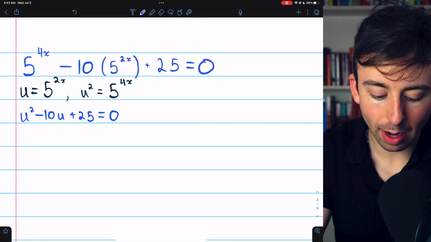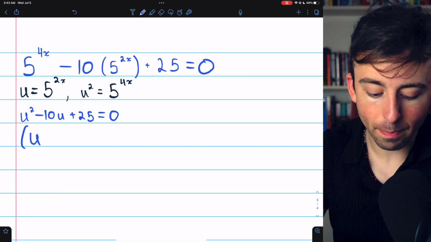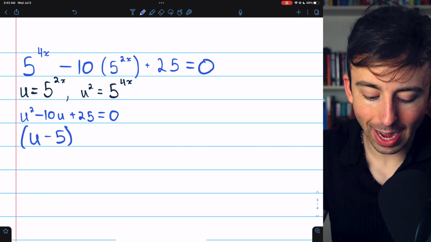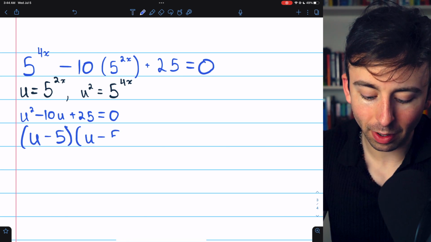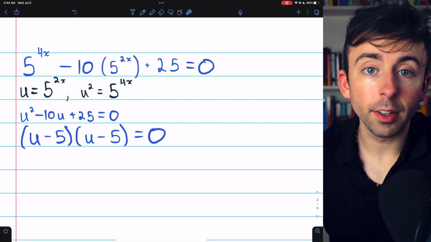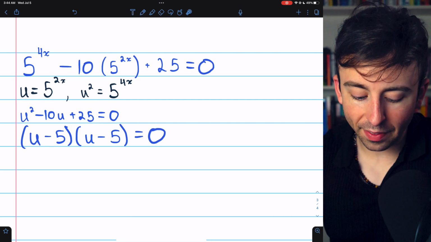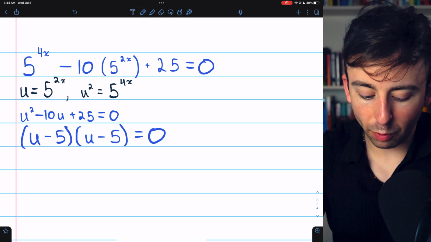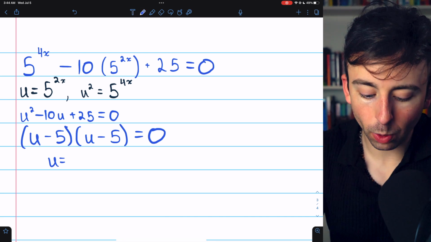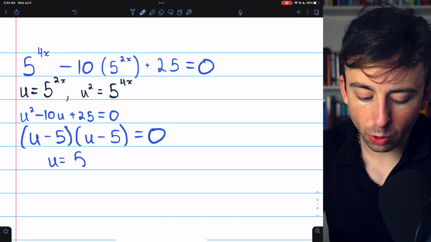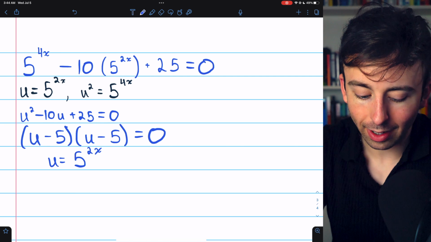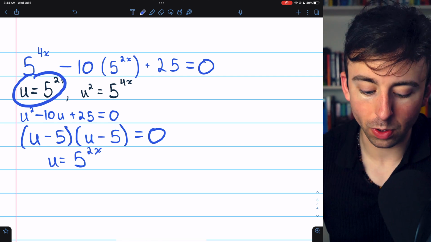In this case, we can factor. It's u minus 5 multiplied by u minus 5 equals 0. That's because minus 5 times minus 5 gives us the plus 25, and they add to the minus 10. This, of course, means that u equals 5. But u is 5 to the 2x, right? That's what we defined u to be.